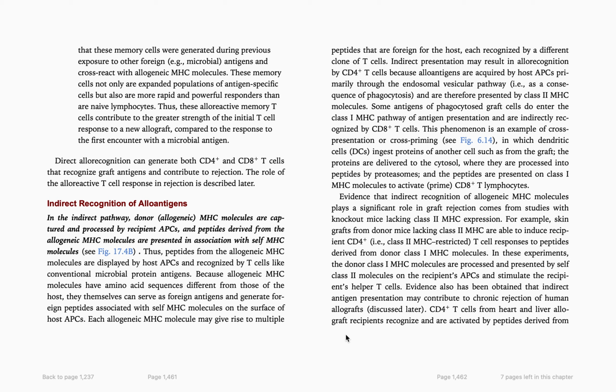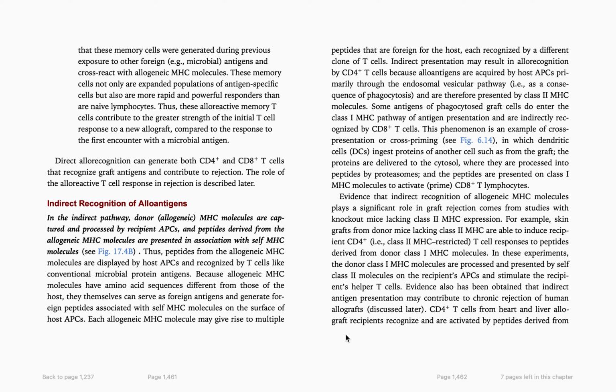Because allogenic MHC molecules have amino acid sequences different from those of the host, they themselves can serve as foreign antigen and generate foreign peptides associated with self-MHC molecules on the surface of host antigen-presenting cells. Each allogenic MHC molecule may give rise to multiple peptides that are foreign for the host, each recognized by a different clone of T cell.